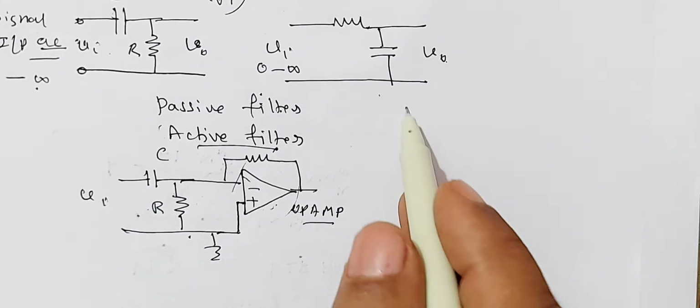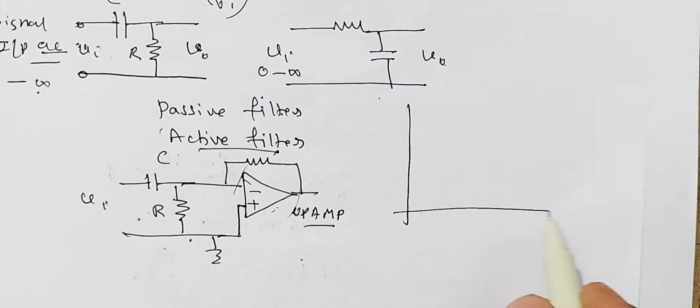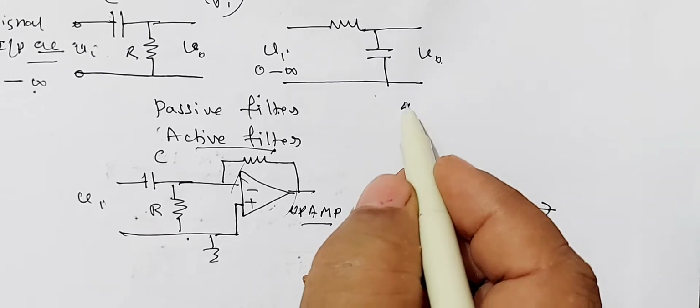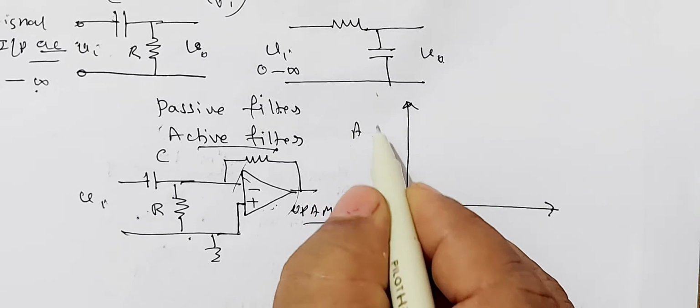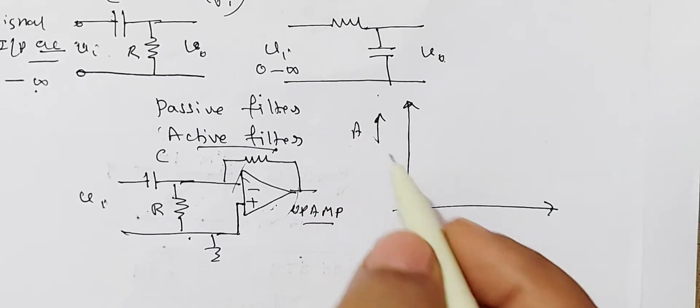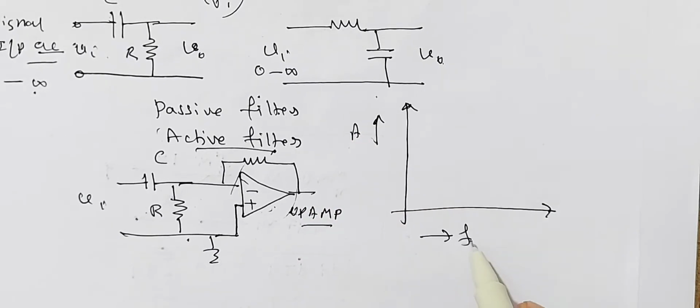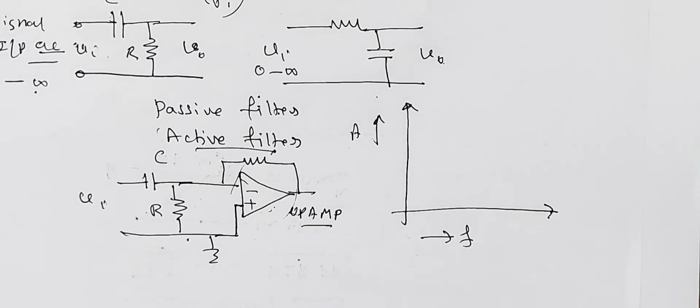Then plot this gain against frequency, putting gain along the y-axis and frequency along the x-axis. This is called frequency response or magnitude frequency response.